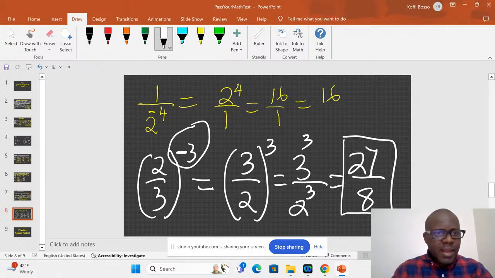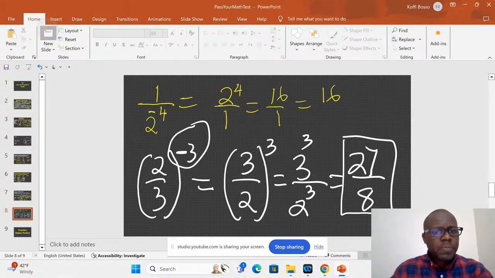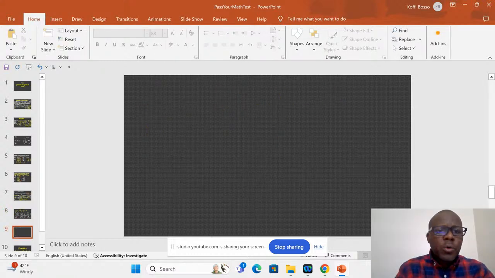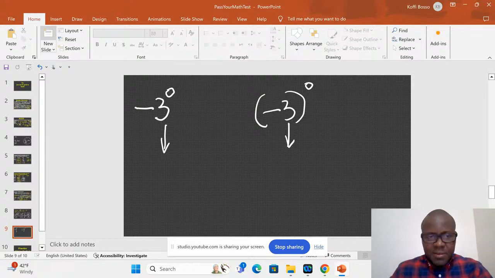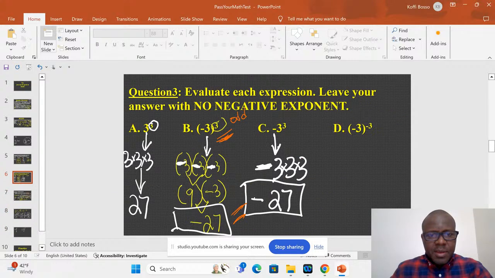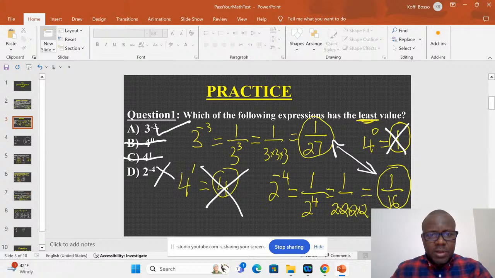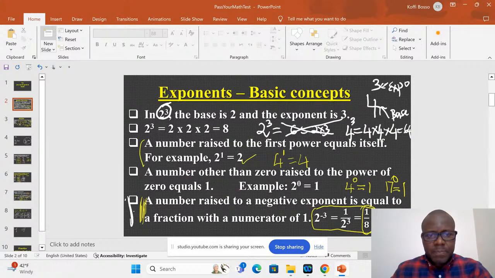Okay, let me give you another challenge question. Suppose you have negative 3 to the 0 power, and you have negative 3 in parentheses to the 0 power. What will each be? There is a key point. Let's go back.